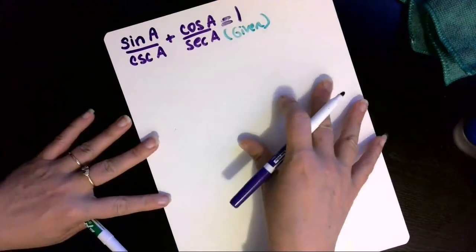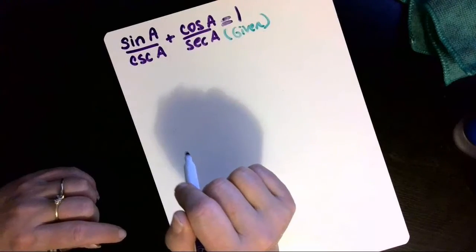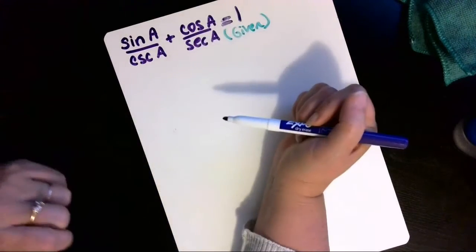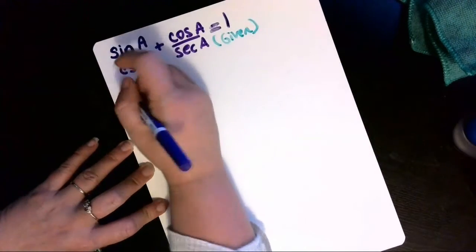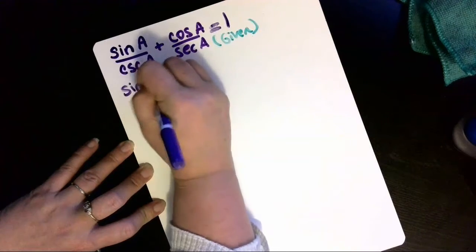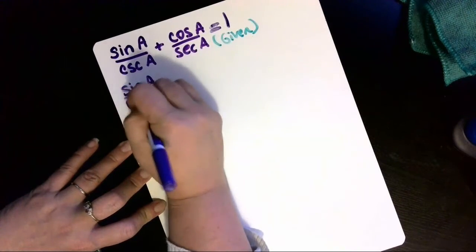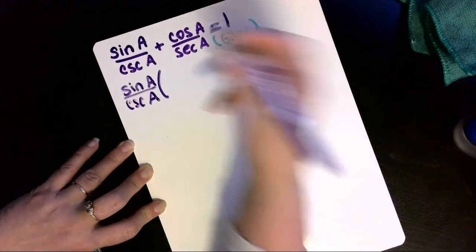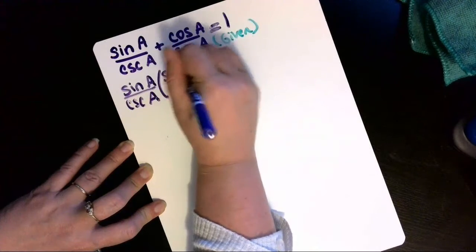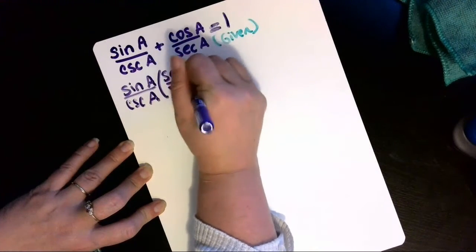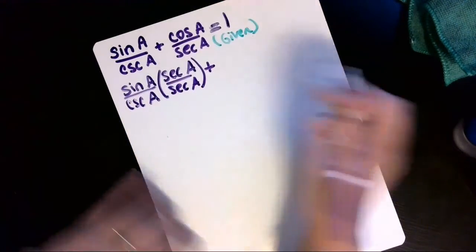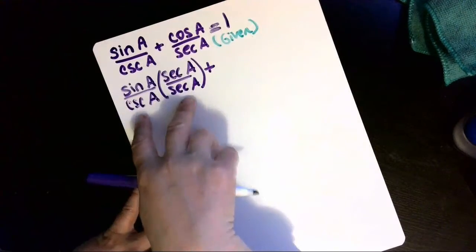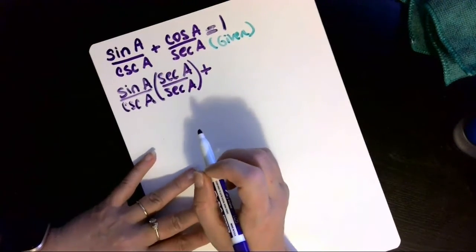And then if we wanted to get a common denominator as a different strategy, we would have sine of a over cosecant of a, and we would multiply that by secant of a over secant of a. And that would get us a common denominator of cosecant of a times secant of a.